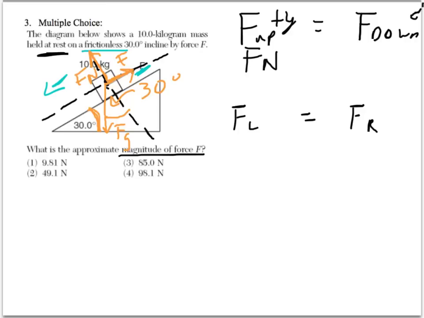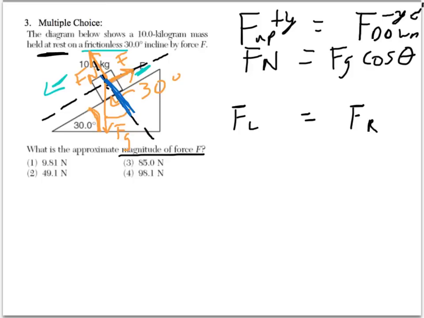My down, or better yet, negative y forces are the y part, so the part of gravity that falls along the y-axis. That part of the force of gravity is adjacent to the angle, and so that would be a cosine part. So my down force will be Fg cosine theta.